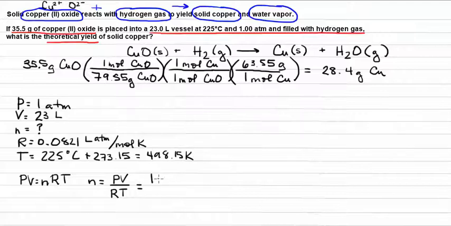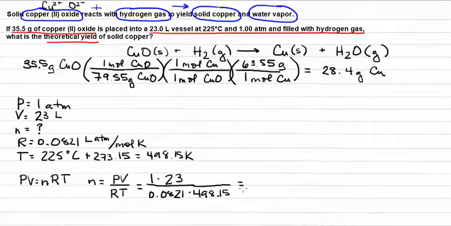So pressure is 1, volume is 23, gas constant 0.0821 times temperature, 498.15. The number of moles of this is 0.562 moles of hydrogen gas.